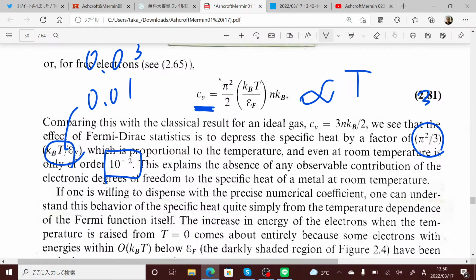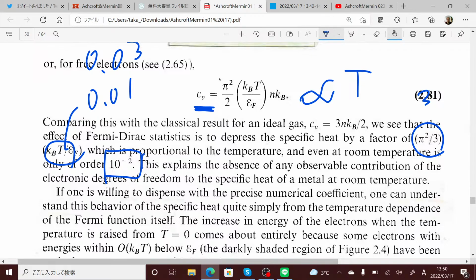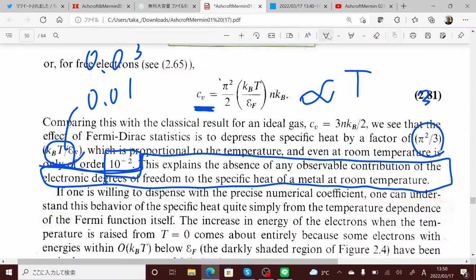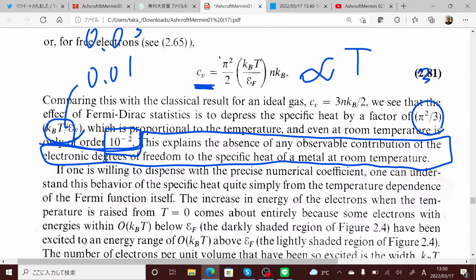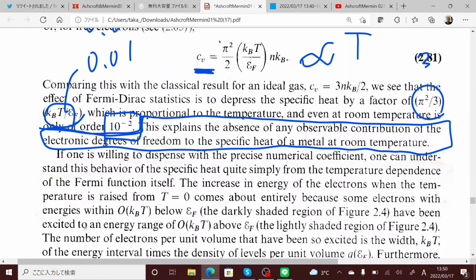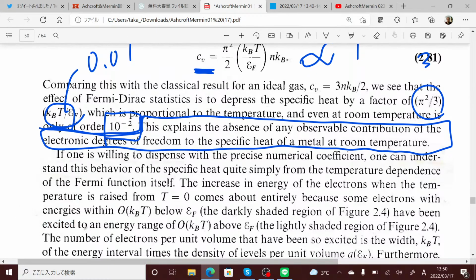So we actually find by experiment the absence of observable contribution of the electronic degree of freedom to the specific heat in a metal at room temperature. And that's because of this.